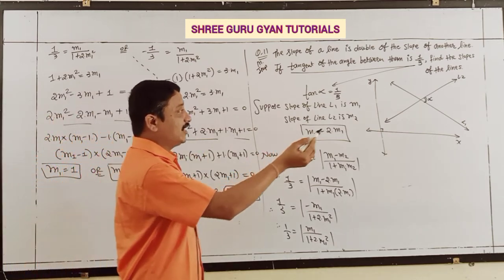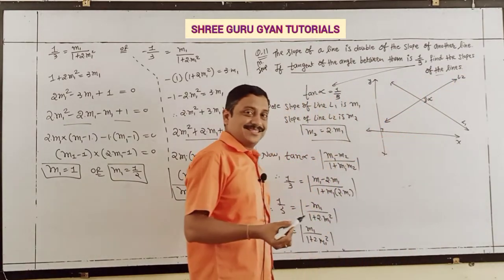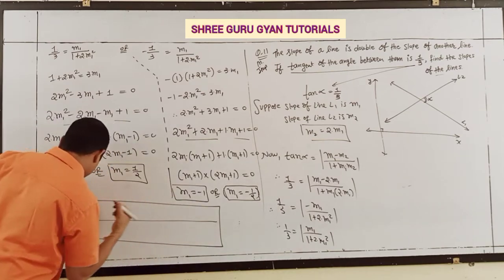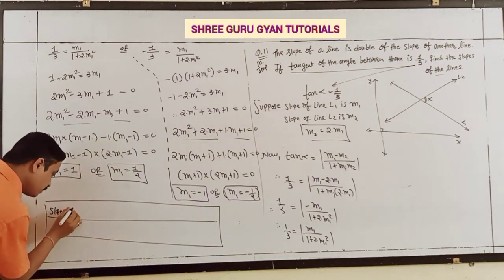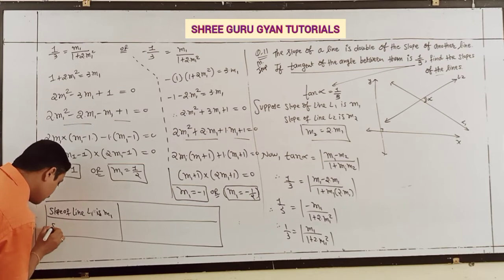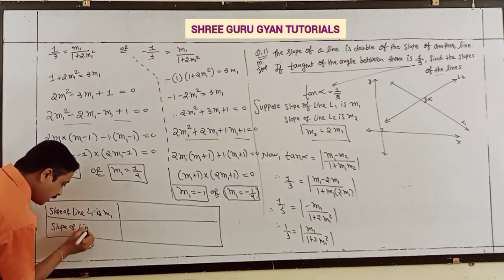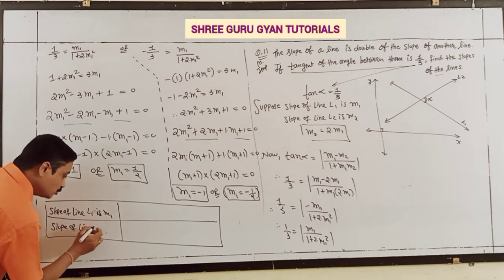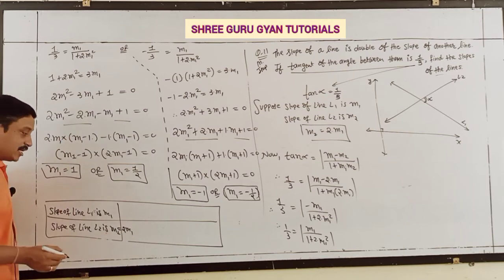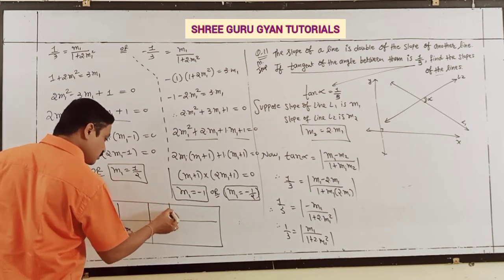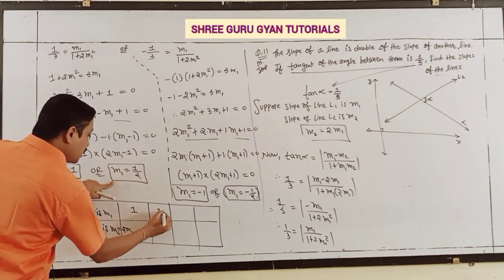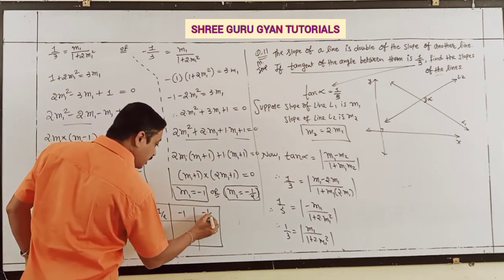It means our target is done: find the slopes of the lines. So I write down our whole answer in a simple box form. Slope of line L1 is m1, and slope of line L2 is m2, which is 2 times m1. Students, you will take your slopes in a total of 4 cases: m1 is 1, half, minus 1 and minus half.